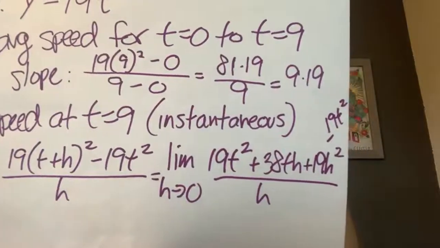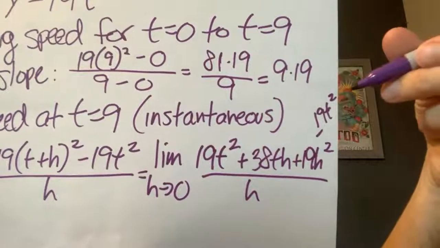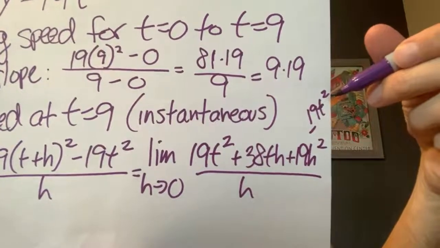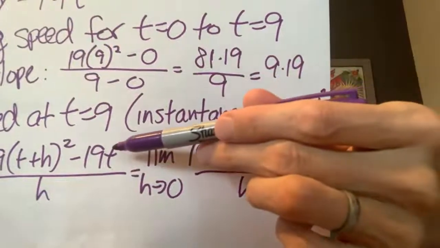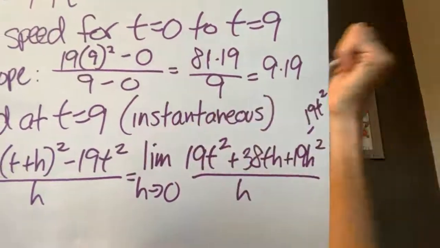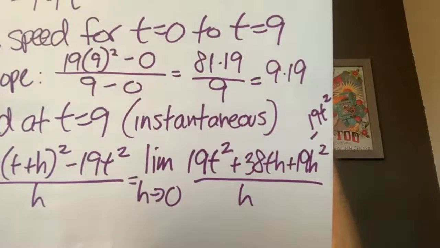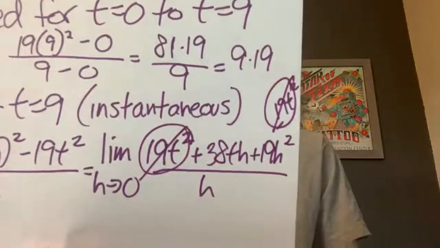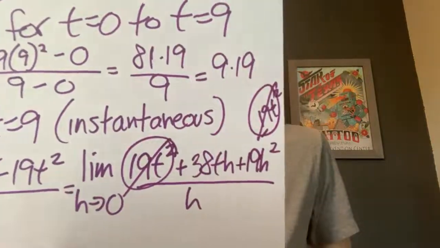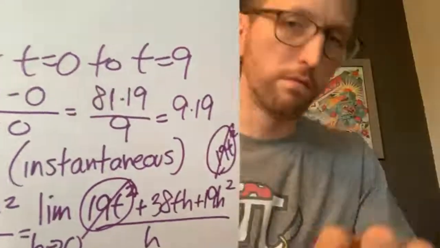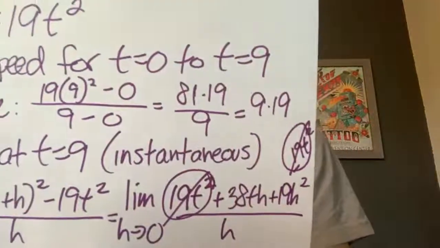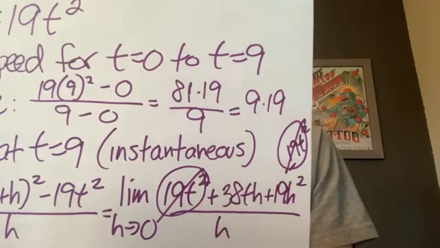And I'm confident that you could have found that. Notice my little 19t squared that I had to subtract there. That's this 19t squared. Okay, so what happens is that first one and the last one subtract out, you know that. And then the rest of this we could simplify.